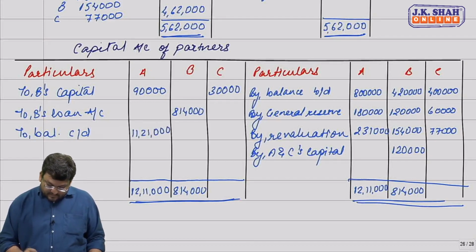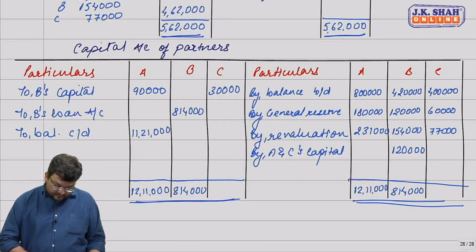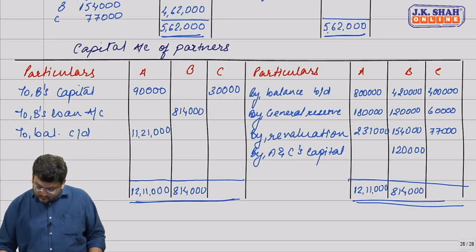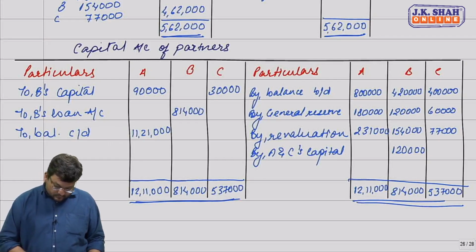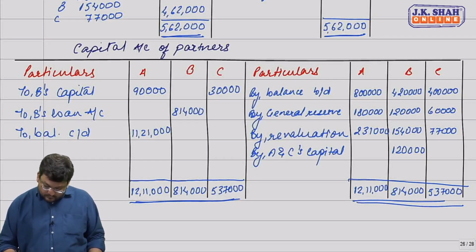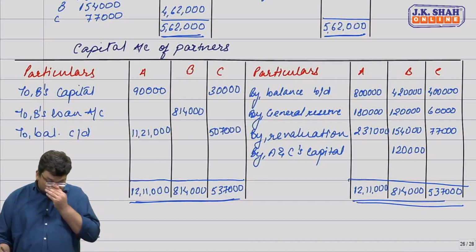Balance in A's capital 11,21,000. Correct? Yes, sir.